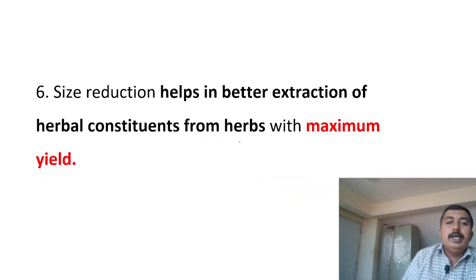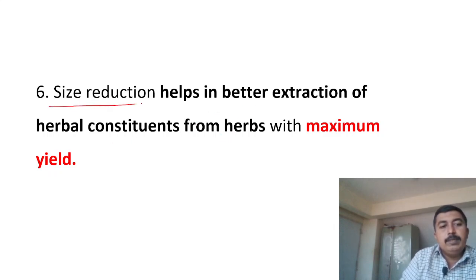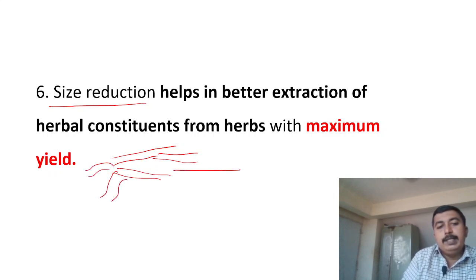Next, especially for herbal drugs, we extract the herbal drugs from different parts of the medicinal plant, and for extraction the size reduction is important. Suppose I have the branches of a medicinal plant like this. If I extract this directly, the yield will be less. Why? Because the reason is more size.